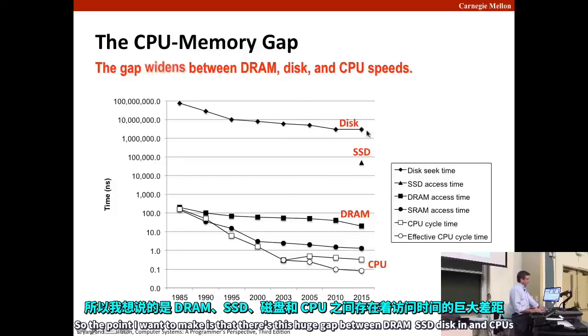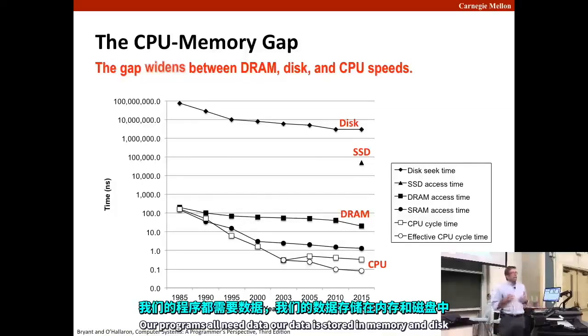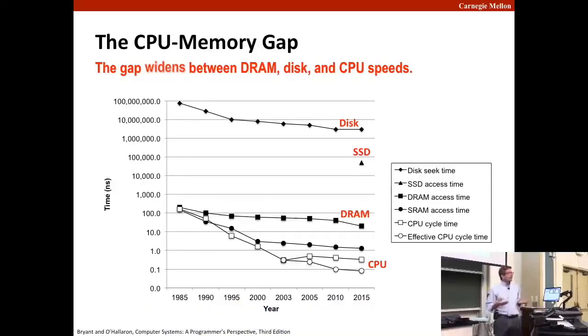So the point I want to make is that there's this huge gap between DRAM, SSD, disk, and CPUs. And in some cases, it's even getting worse as time goes by. So that's a problem, right? Our programs all need data. Our data is stored in memory and disk.